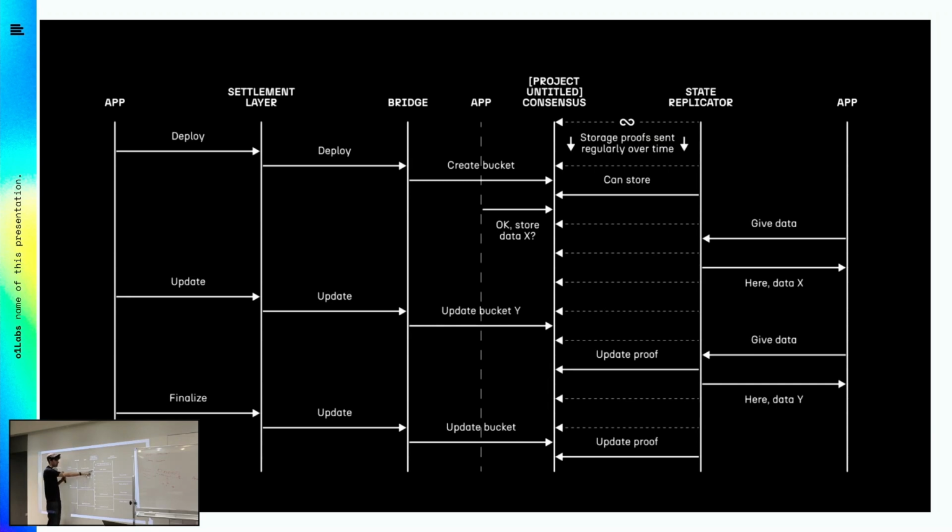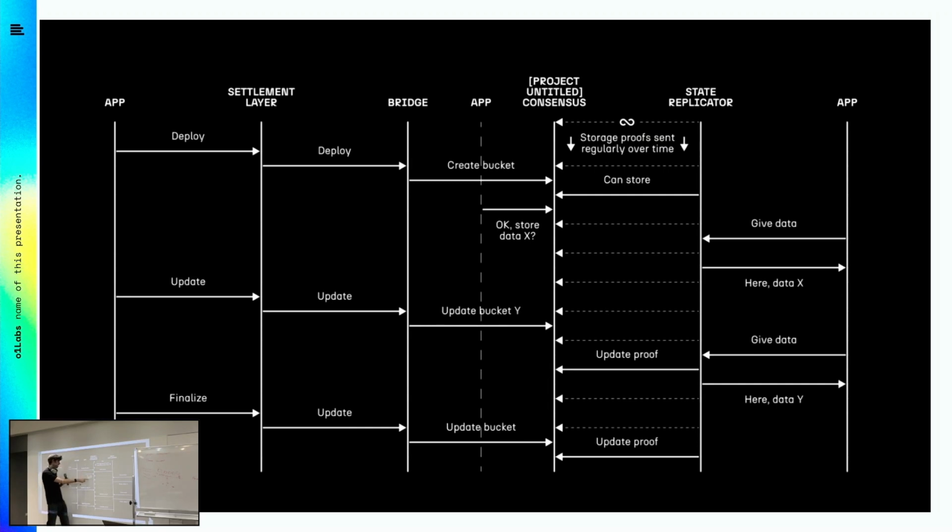And then there's a request to create some space. The network is made up of a bunch of nodes that are able to store data. You'll pay for like 3 replicas, let's say.